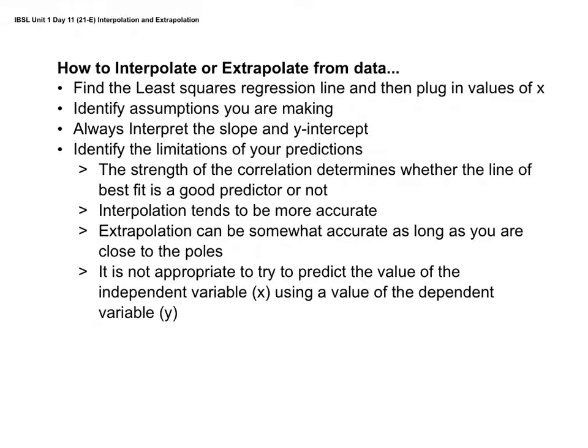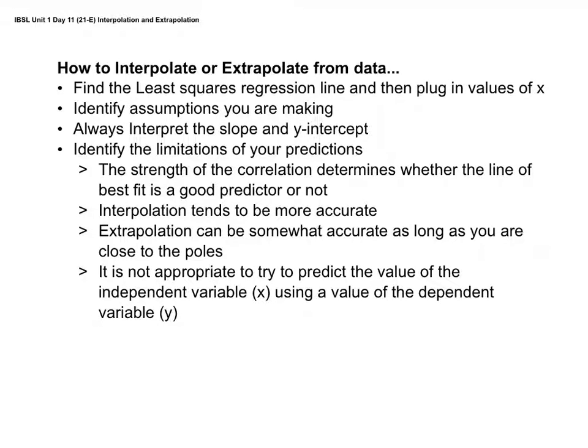But just running through the process here, of course, you're going to find the least squares regression line, and you're going to simply plug in values for x, all right? You do need to identify assumptions that you're going to make. For example, x is never going to be less than 0, or there's a certain limit to what y can be, or what are some other assumptions you're making about your data itself?